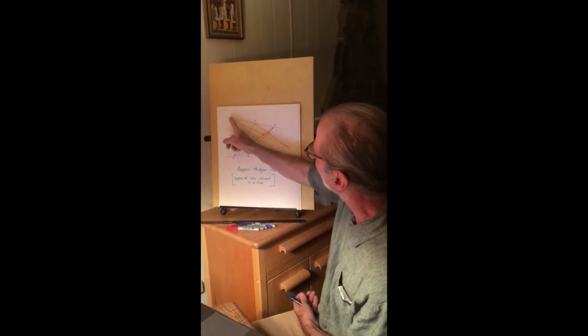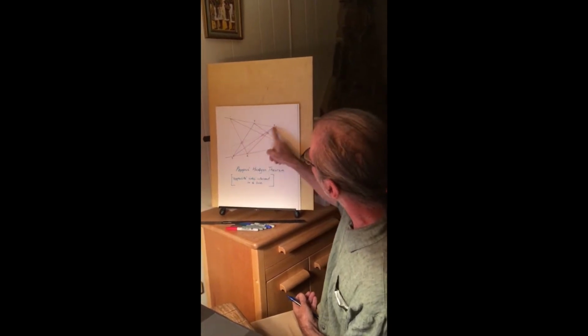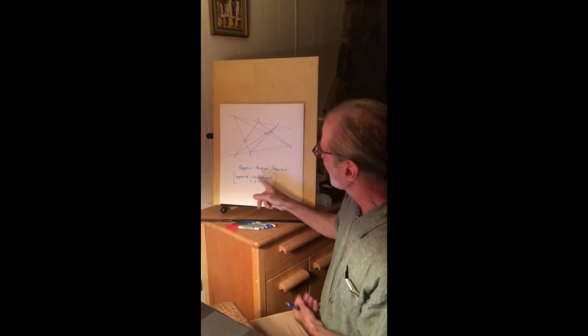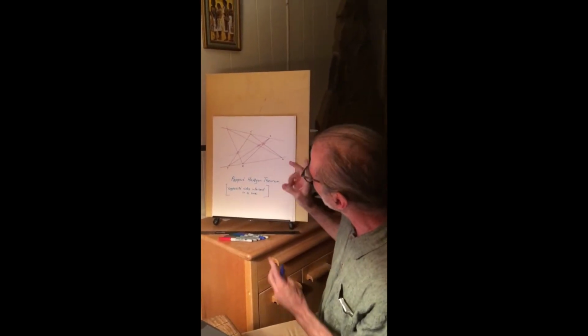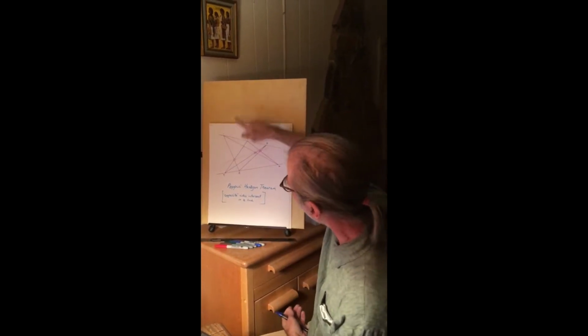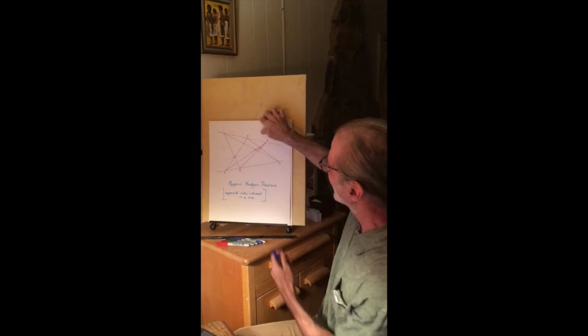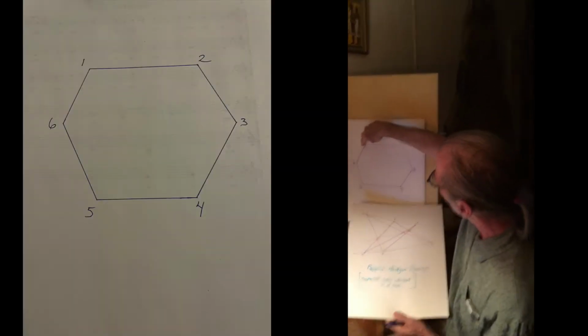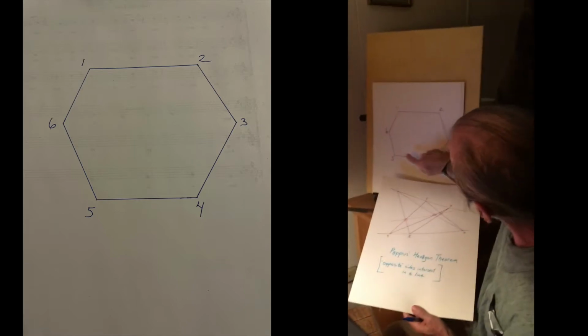So this is a random one here. I go 1, 2, 3, 4, 5, 6, and I number them back to 1. The theorem involves opposite sides intersecting, and so you say, what is the opposite side of a hexagon? I made a little picture showing one to remind you. 1, 2 is opposite 4, 5.